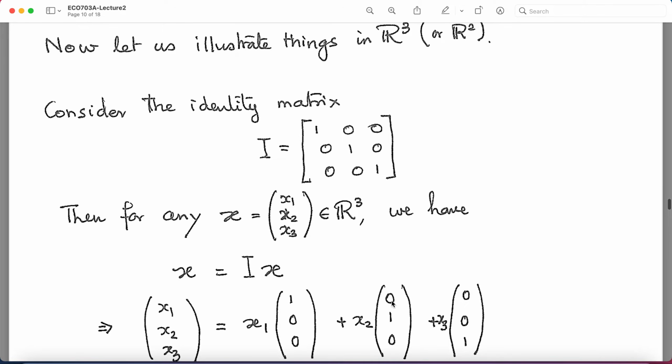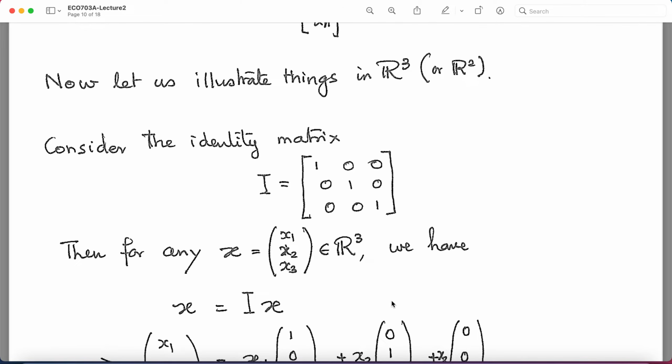So, let us look at the things in R3. Consider the identity matrix. We have already learned what multiplication of a matrix with a vector is. Here I x would return me x. So, it is identity; it will not change any position.